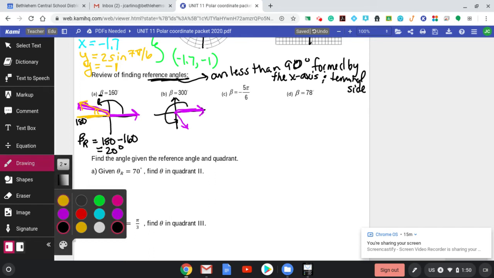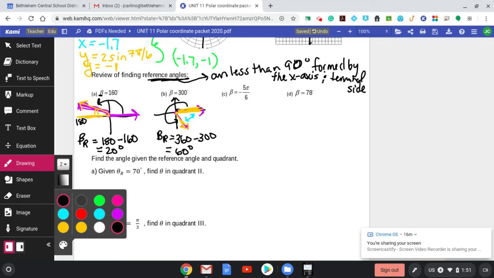Okay, reference angle again, x-axis, x-axis, x-axis, and the terminal side, not the y-axis. So I'm looking for you guys to help me find that reference angle right there. Now look, if I went all the way around, I'd be going 360 degrees minus the 300 I have already gone will give me what's left, which is the reference angle of 60 degrees.